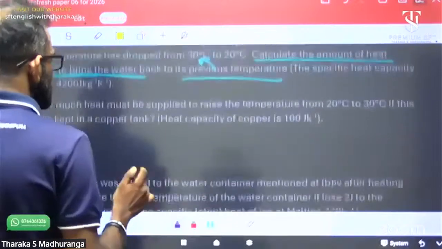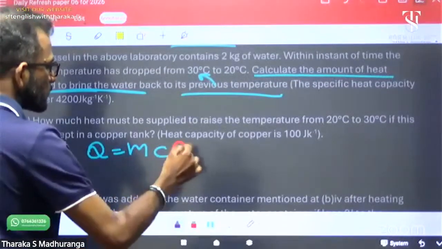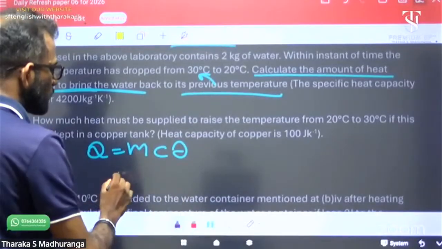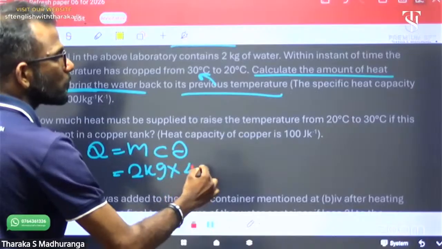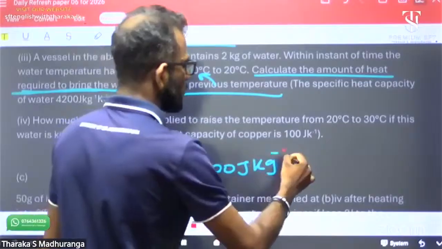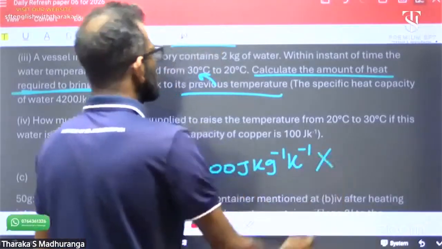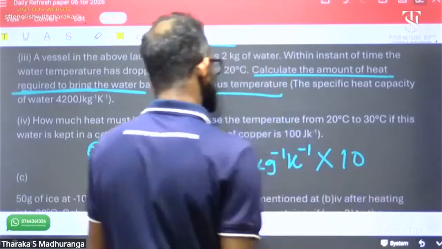What is the equation? Q equals m c theta. Mass 2 kilogram. Specific heat capacity 4200 J kg minus 1 K minus 1, very simple. Temperature difference 20 to 30, it is 10 Kelvin.